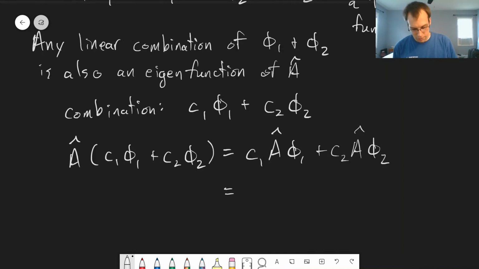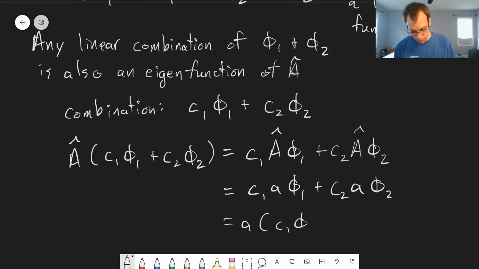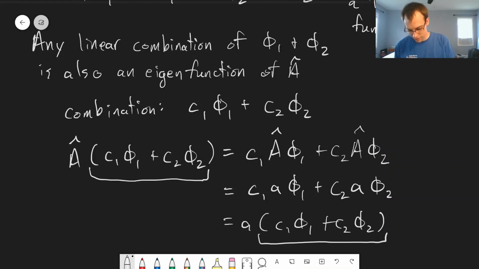But we know by definition, since phi 1 and phi 2 are eigenfunctions, that we'll just get C1 times a times phi 1 plus C2 times a times phi 2, where a is the eigenvalue. Now we can factor out this eigenvalue a, and we'll get a times C1 phi 1 plus C2 phi 2. Well, we just got another eigenvalue equation. We have the function we started with, and we end up with it again. This combination is also an eigenfunction.